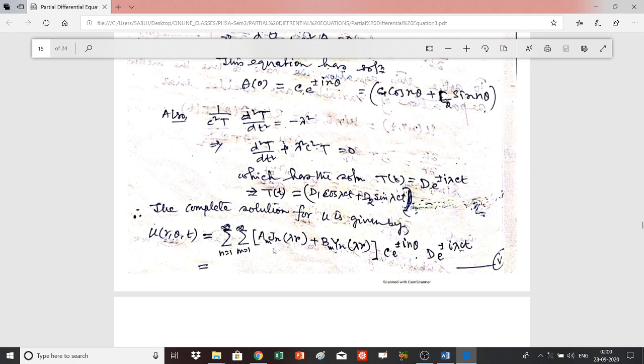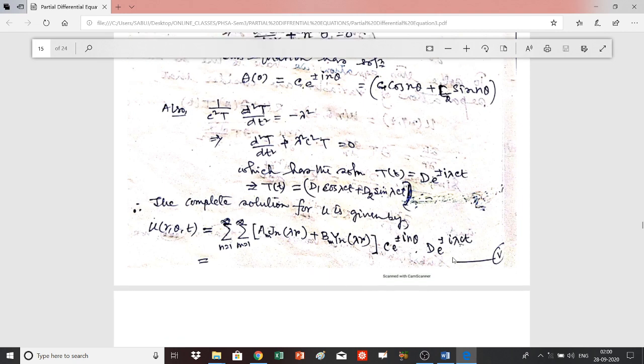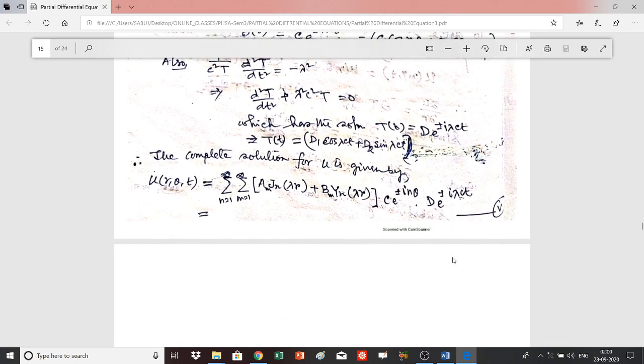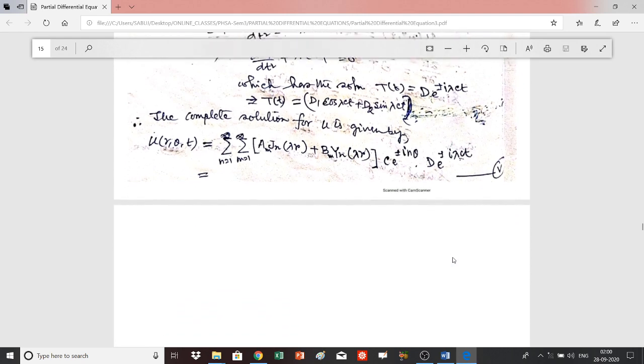This value is for the function capital R. And then this is the Theta term, C e to the power plus i n theta, and this is the T term including t, so D e to the power plus i lambda ct. So this is the complete solution of the Laplace's equation in two-dimensional polar coordinates.